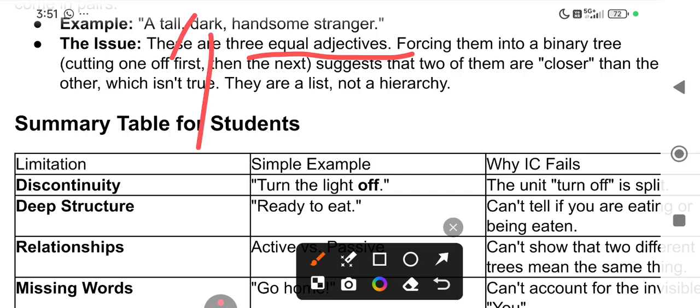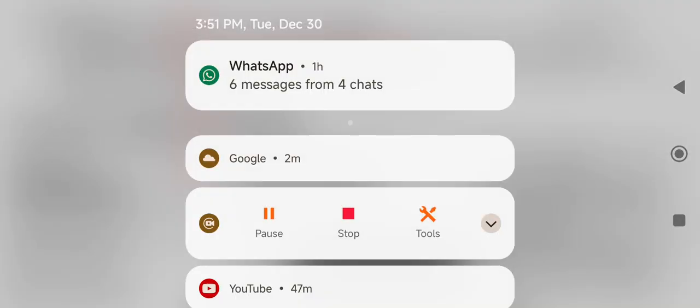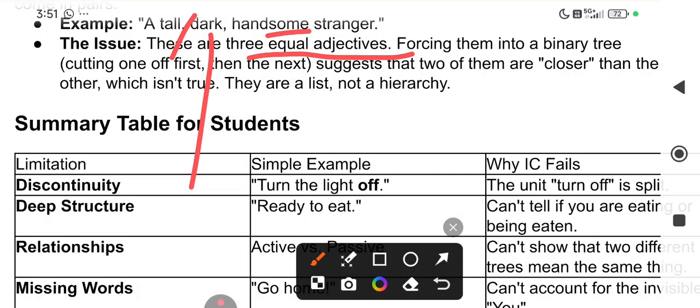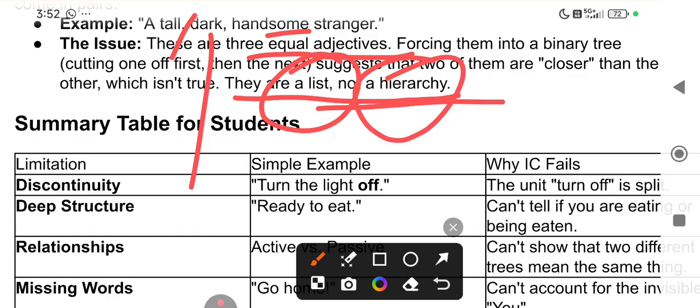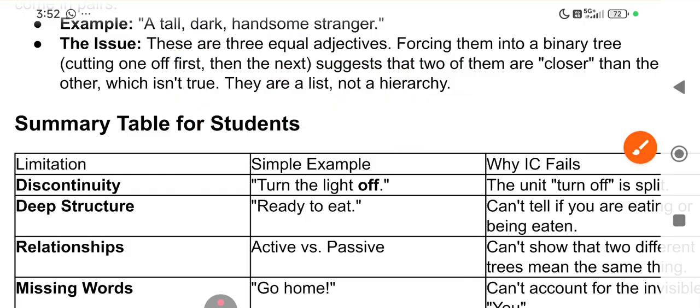Then the next, this one, and then handsome, this one. They are a list, not hierarchy, and that cannot be analyzed through IC analysis.